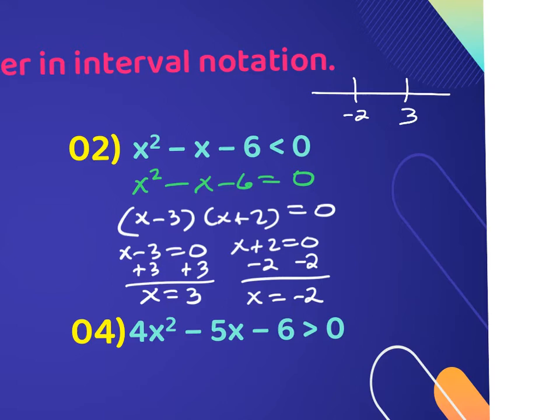Again, I'm going to find where 0 is located, and I can see that 0 is going to be located here in between -2 and +3. So I'm going to plug in a 0. So 0 squared minus 0 minus 6, -6 less than 0. This one works. So the middle again gets the check mark. The two ends get the X's.